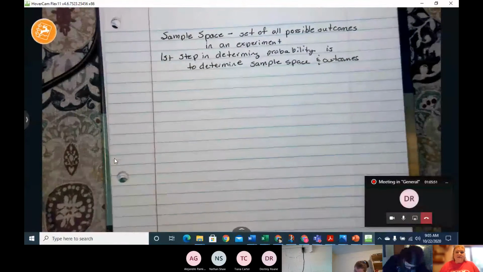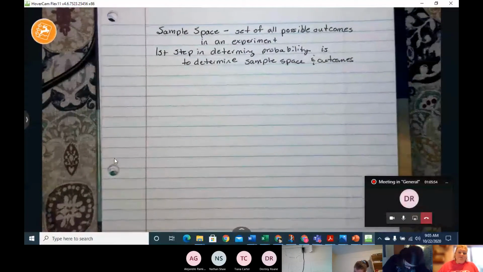So that is the first thing that we want to do, is to look at how to find sample space and how to find the outcomes.